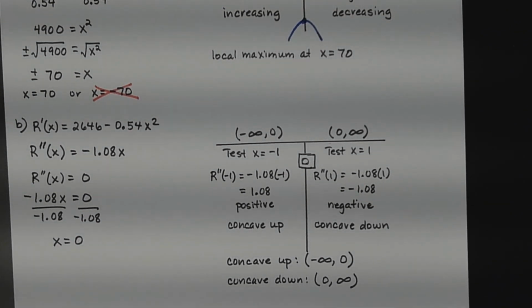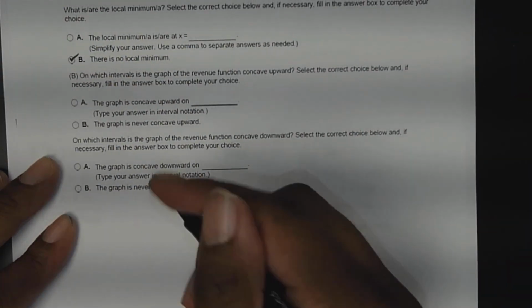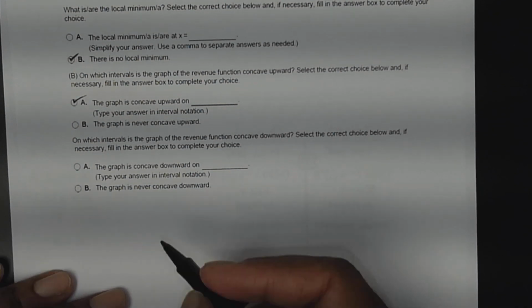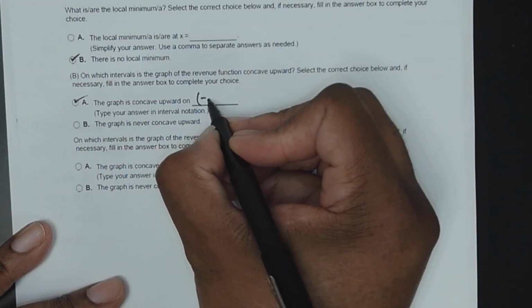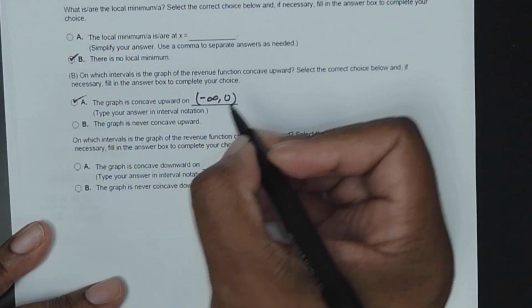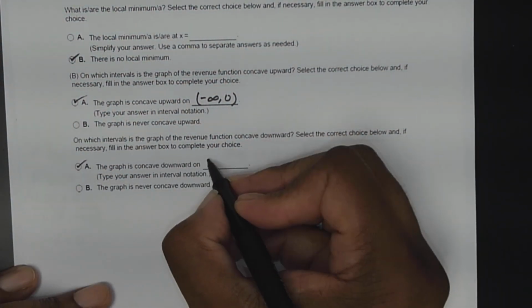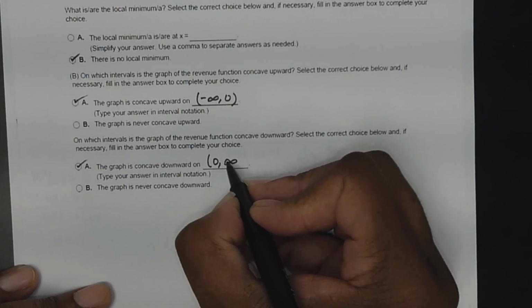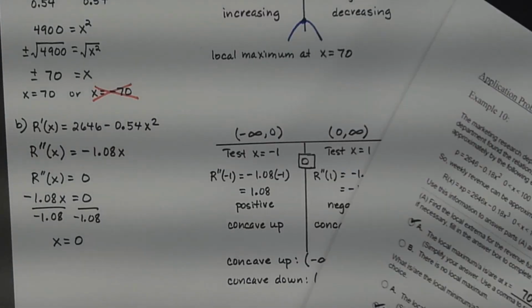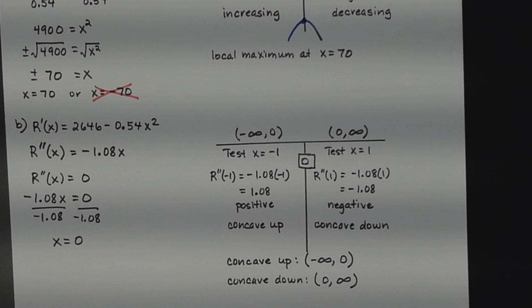So going back to that problem, we say that the graph is concave up, check that off, from negative infinity to 0. And the graph is concave down. We select that from 0 to infinity, and they want the answer in interval notation. Okay. All right, so that's how we solve this particular problem.